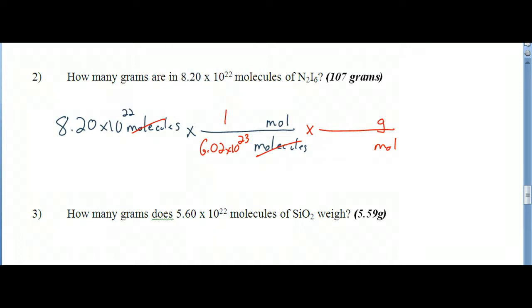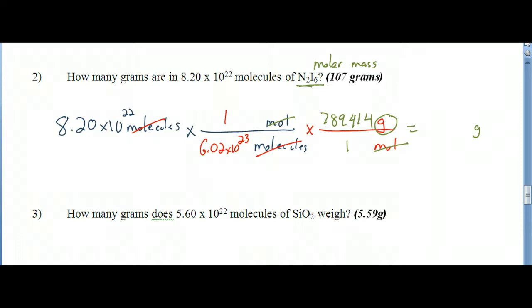Grams to moles. 1 mole is equal to the molar mass of this dinitrogen hexaoxide. I happen to know it's 789.414 grams. And again, moles cancels out with moles. I'm left with grams. That's going to be my answer there.